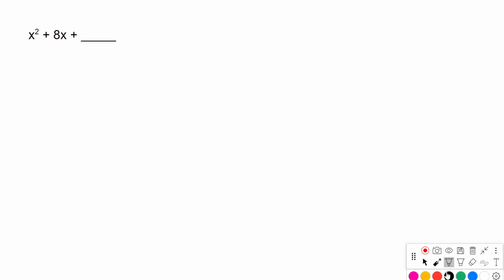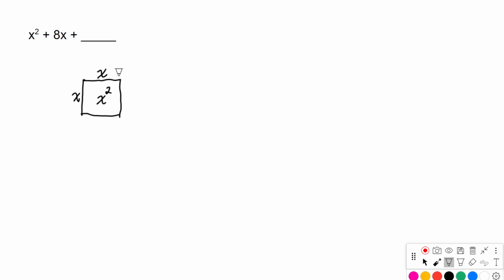So if I take a look at this one here, I have x squared plus 8x plus what? So again, I'm going to start with that basic square. I'm going to label it x by x, and it's going to give me my x squared, that first term. Now if it's a square, these linear terms, the 8x, need to be divided evenly.